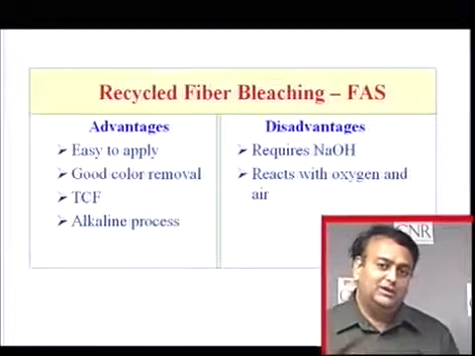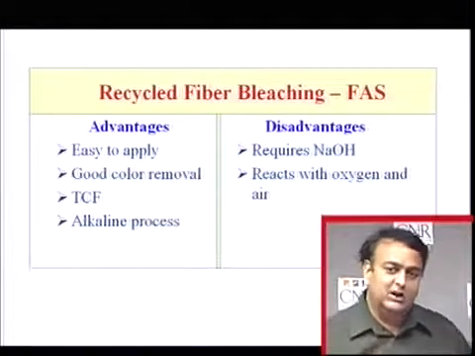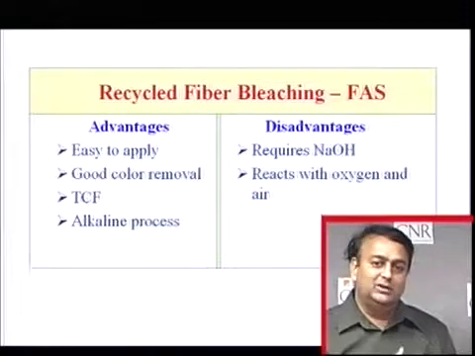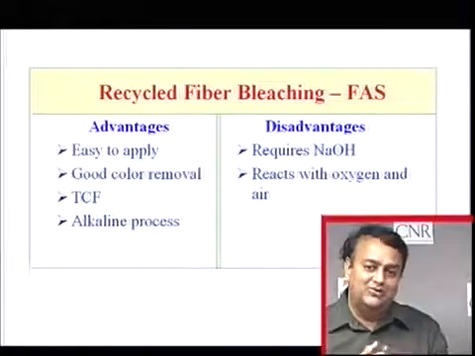The peroxide bleaching in your process starts with pH 10. After the bleaching, the pH goes down to 9. Now, if you want to follow that with a reductive bleaching step, here is the peroxide oxidative bleaching and next is reductive bleaching. So, pH goes from 10 to 9. Now, that is an ideal starting point for FAS bleaching.